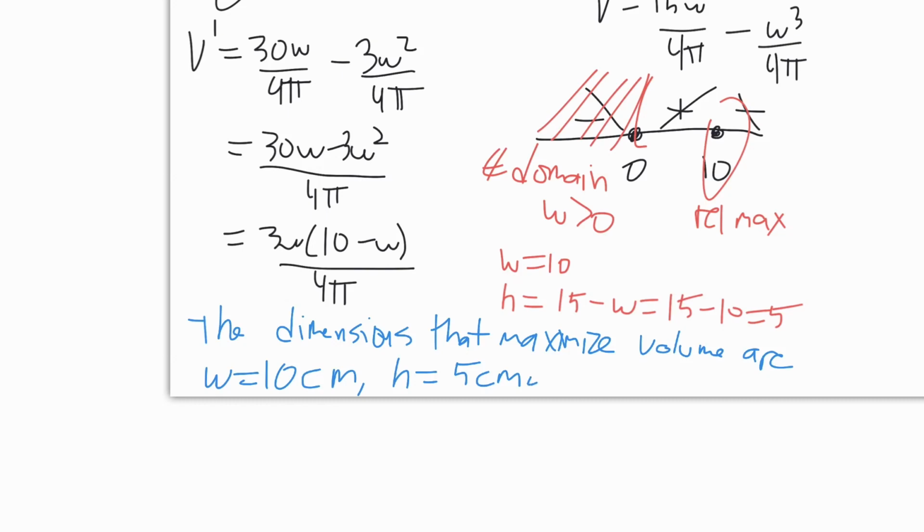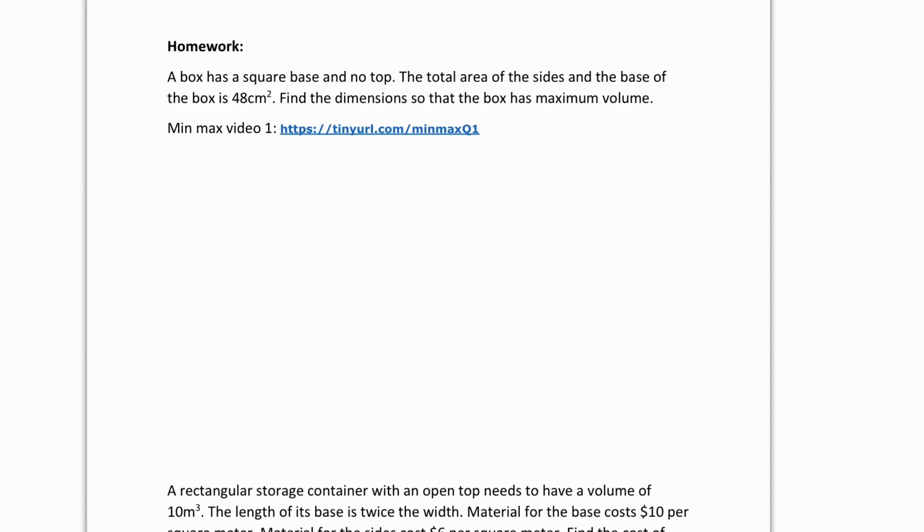And there you go. Again, the solution to our problem here. You want to find maximum volume, you wouldn't want to find a minimum volume. At least not in this case.